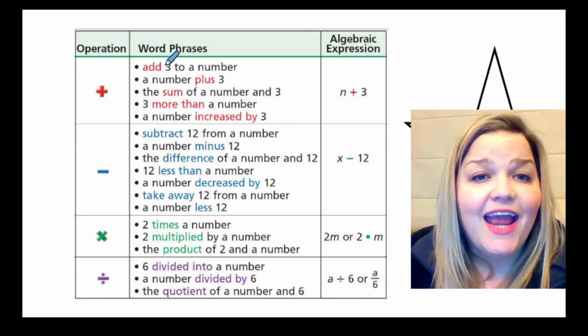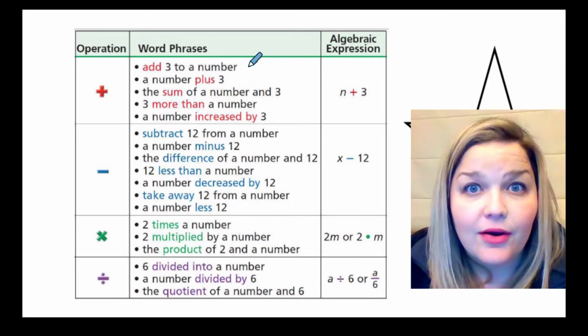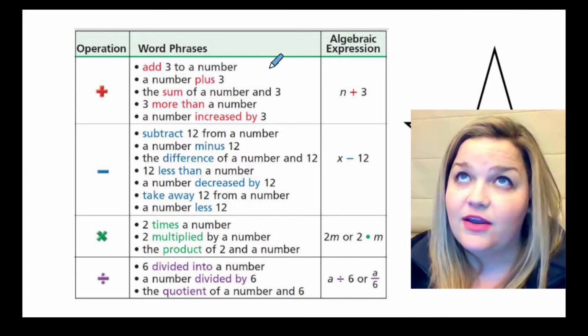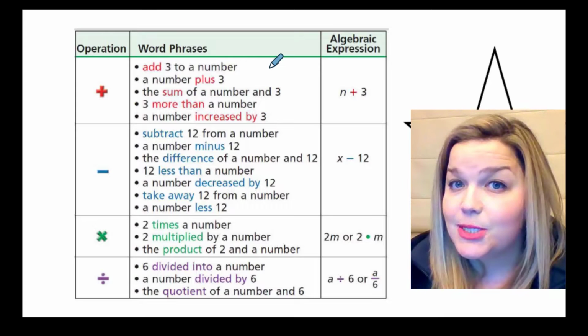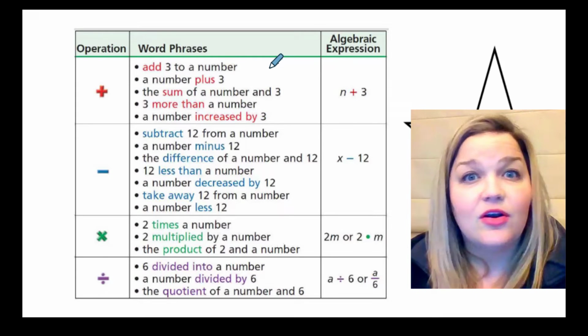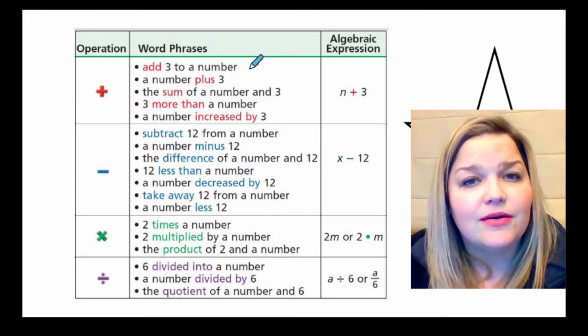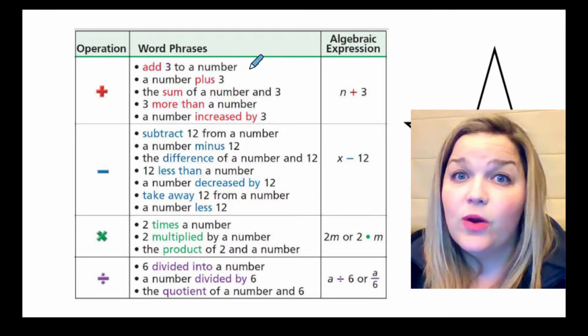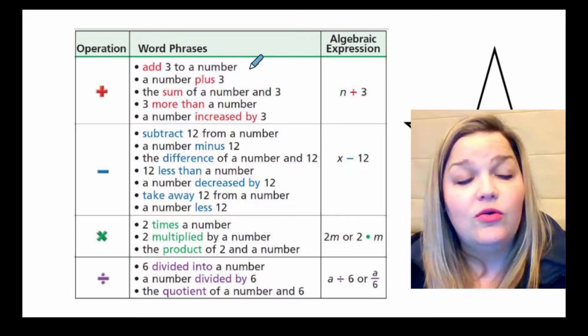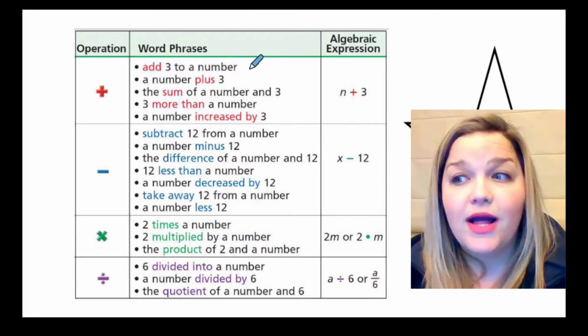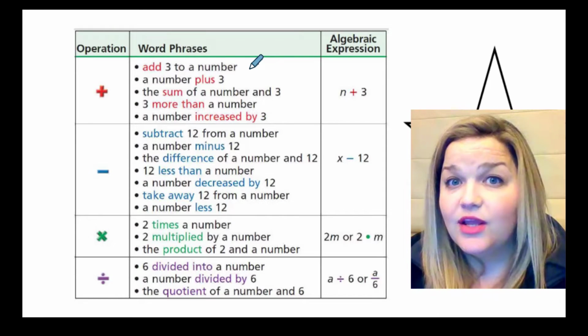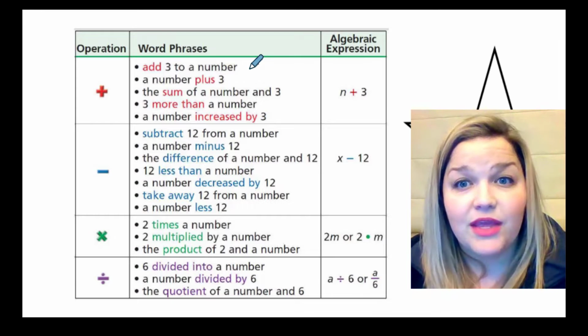So if you say add 3 to a number, well, the first thing I notice is the word add indicates addition. 3 is our quantity that we know, but then they used a phrase, a number. Well, I don't know what number they're talking about.